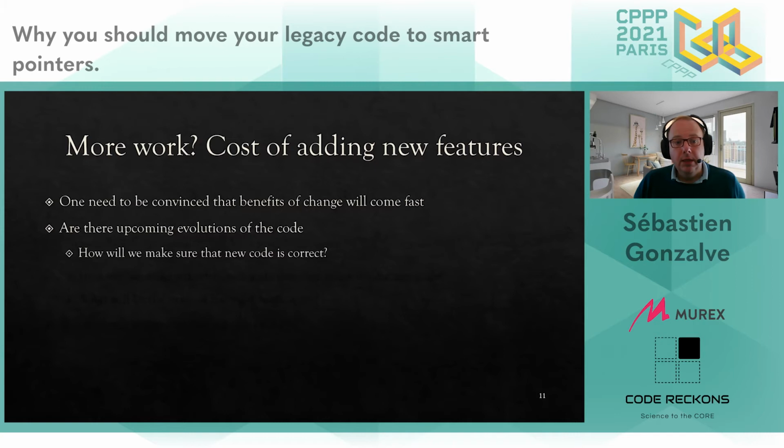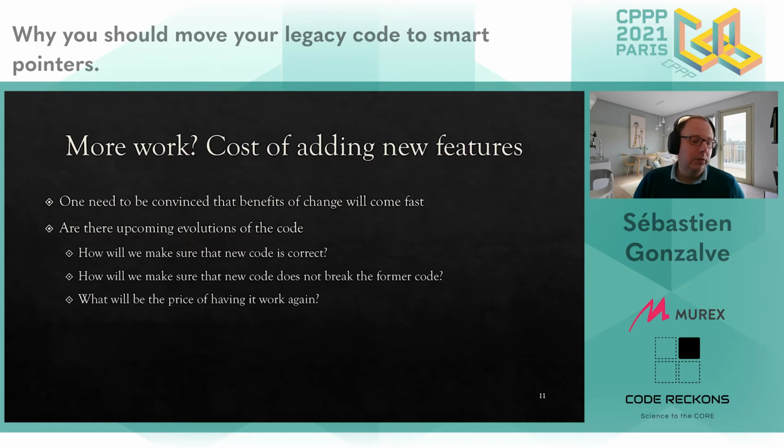Usually the code was difficult to set up. It was difficult to test. It was difficult to debug. And finally, it was not that simple to have it work, as people may remember.